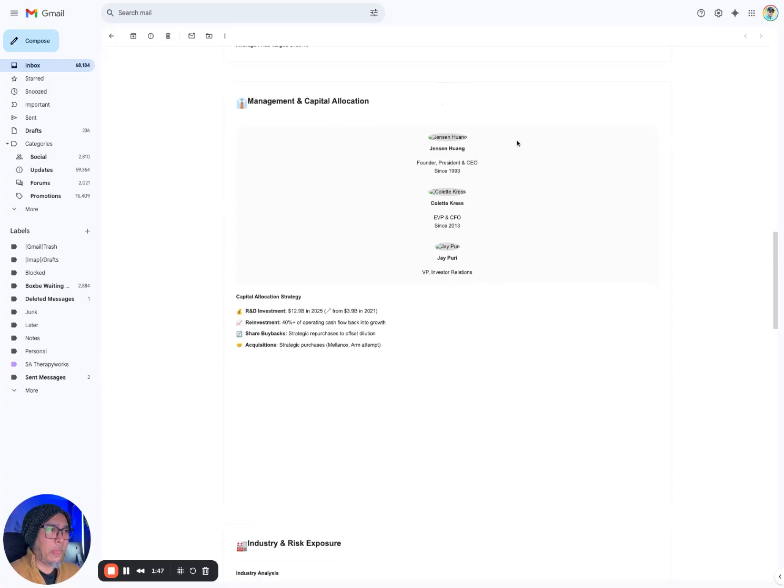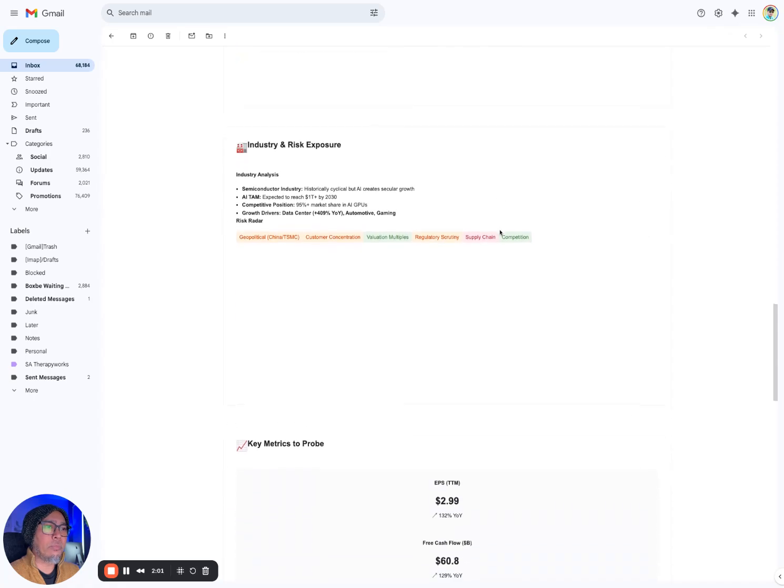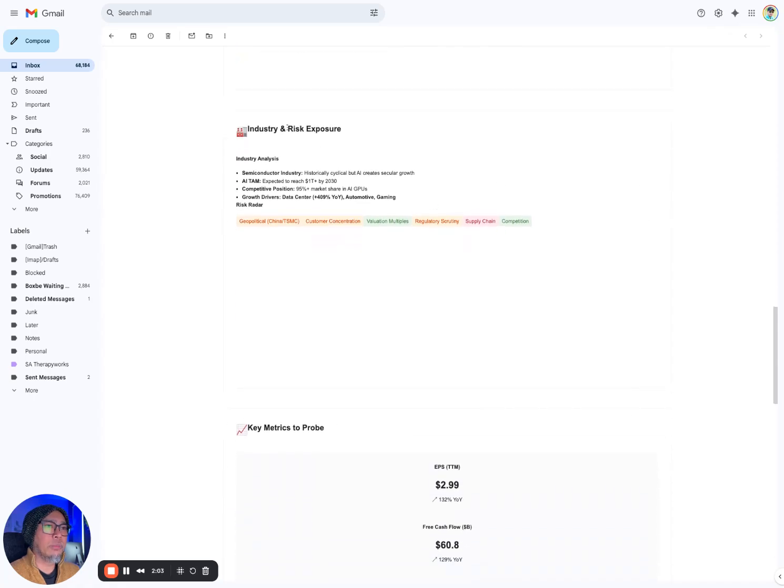Just a brief description of the CEO and the persons in charge. More data here, capital allocation strategy, whether they do share buybacks or R&D investments, and then it gives you an industry and risk exposure, but somehow it's not showing here.